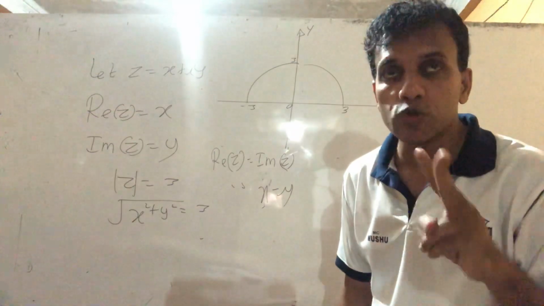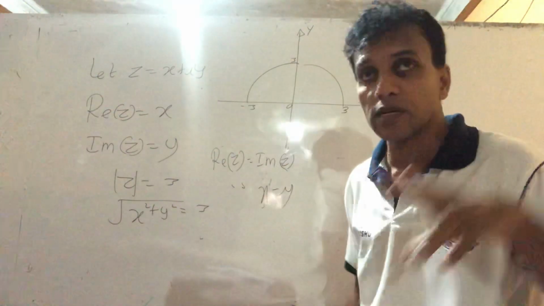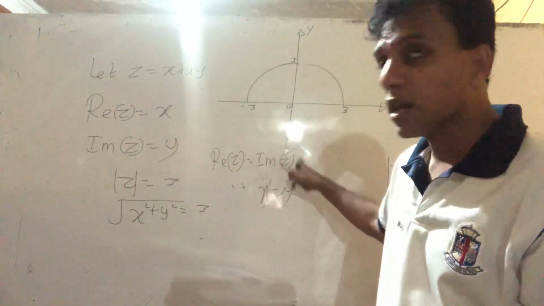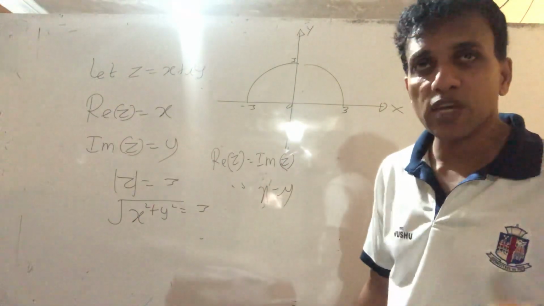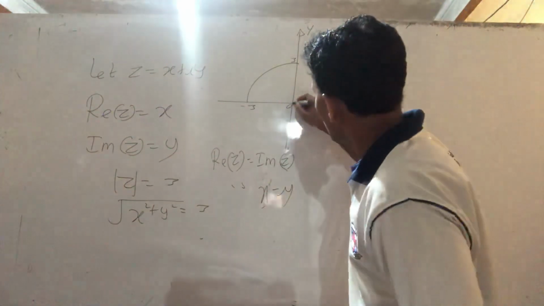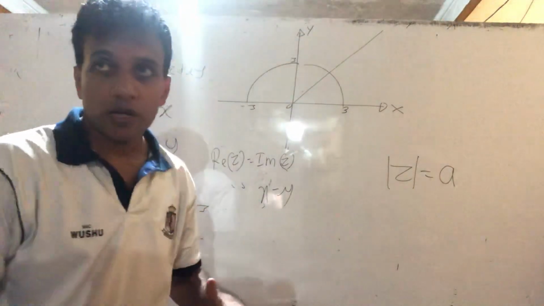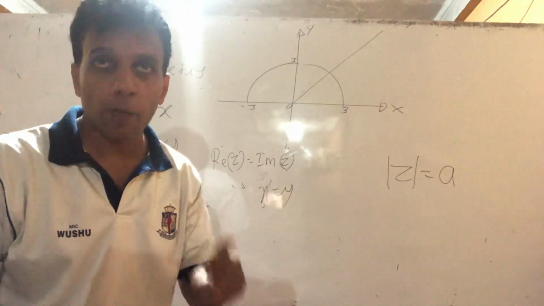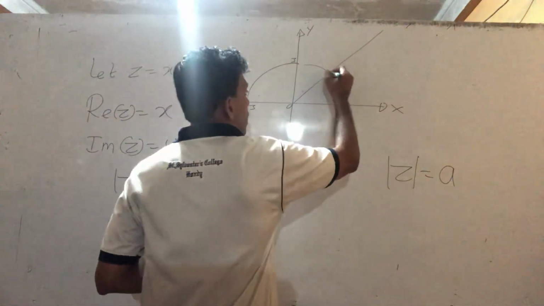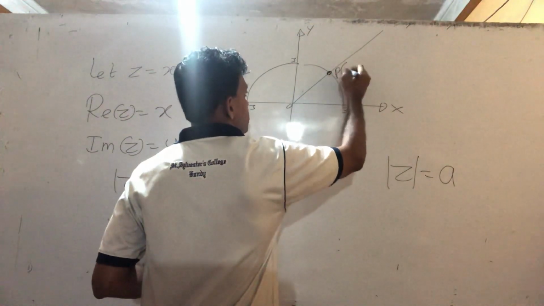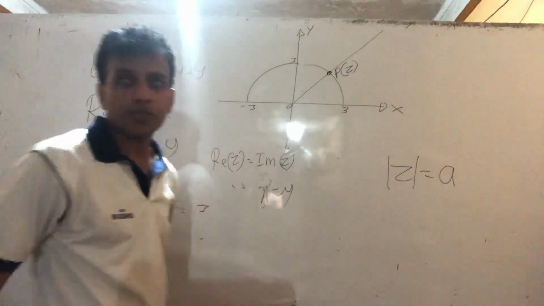The two curves here: one is a circle, the other is a straight line, a primary class work, y equal mx form. If I draw like this, where both satisfy, this is the complex number we need. This is the point z.